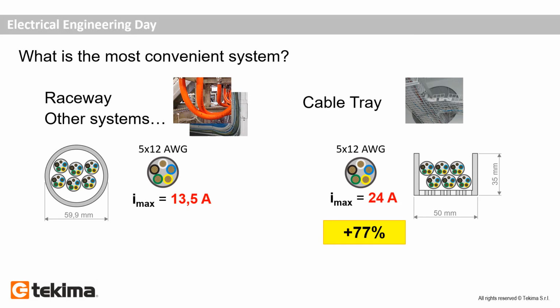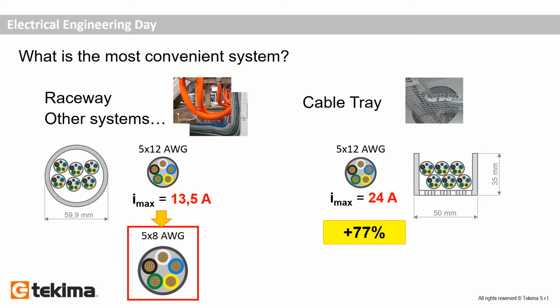If we want to reach the same operating ampacity in a raceway, we should move from a 5 conductors 12 AWG size to a 5 conductors 8 AWG size, which means that we have to size again the raceway, moving from a 2-inch to a bigger diameter.